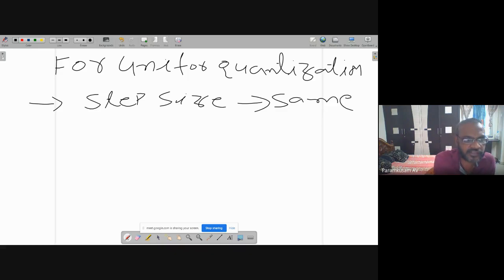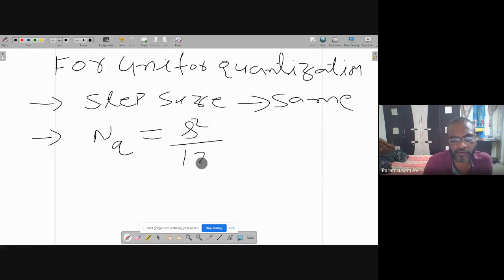What is the quantization noise power? N_Q is equal to, we have derived this equation, S square by 12. The quantization noise power is S square by 12, and the step size S is the same.